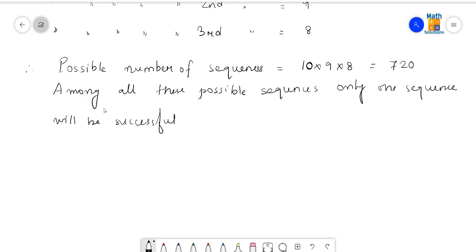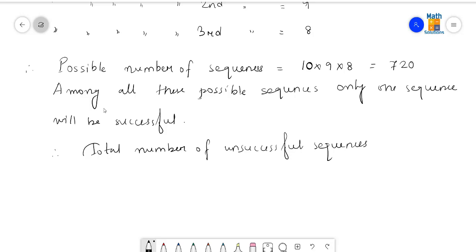Therefore, total number of unsuccessful sequences is equal to, from the total number of sequences, I mean 720, you need to subtract that one password, one sequence which is possible for unlocking this lock. That will be equal to 719, and here is the answer.